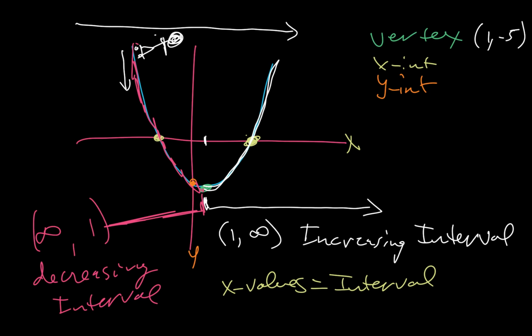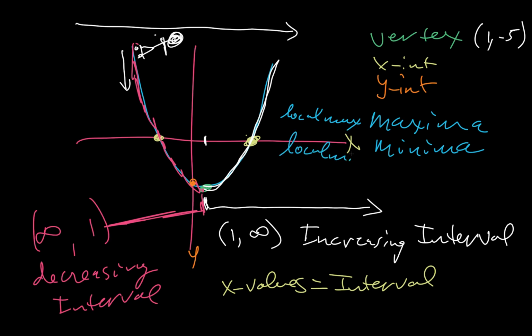Okay. Now, moving on, we're going to find the maxima or minima, with the A on the end. These are also called local max and local min.